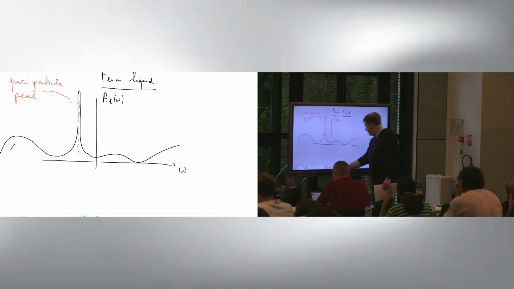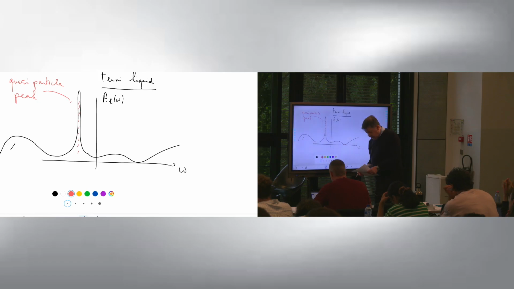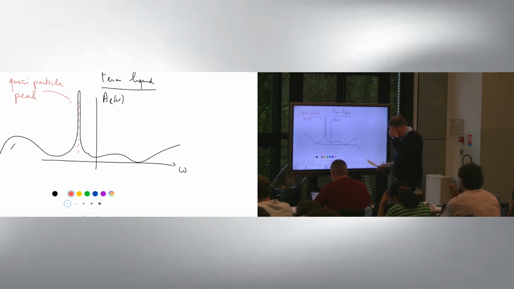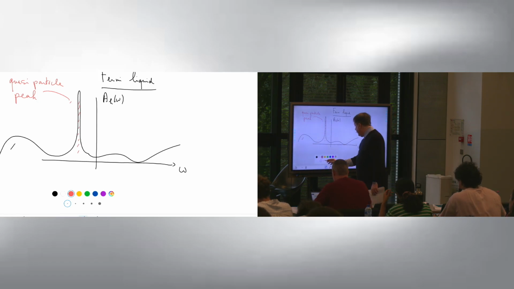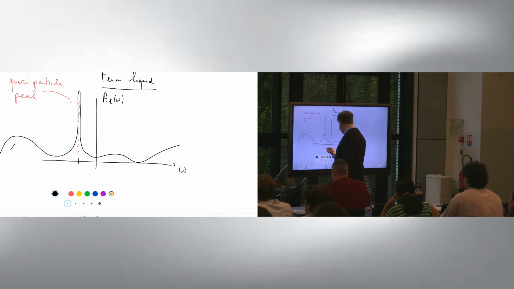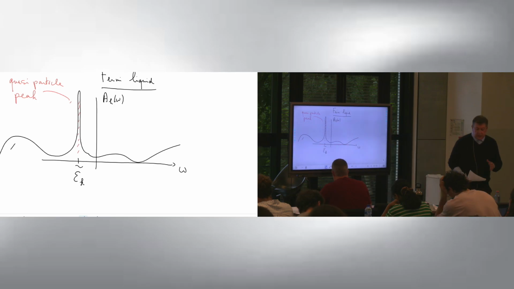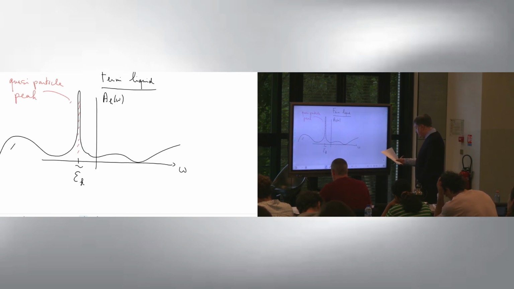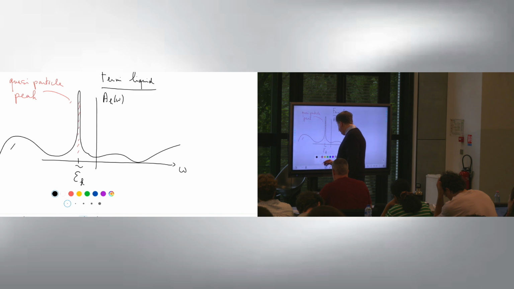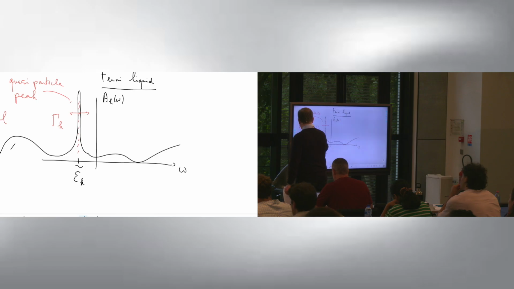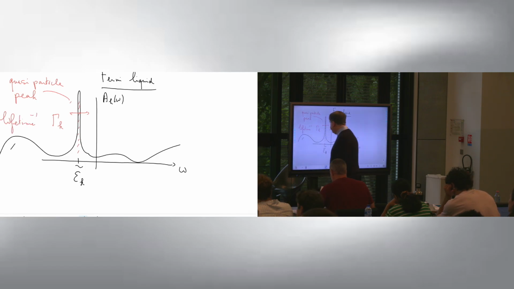And the point, that's the whole theory on the Fermi surface, is that in the Fermi liquid this peak has different characteristics. First, it has a position, which is epsilon_k tilde. It's renormalized by interactions. It's not the one of the bare interactions. And it has a width, gamma_k, which is the quasi-particle lifetime, well, the inverse of the quasi-particle lifetime.